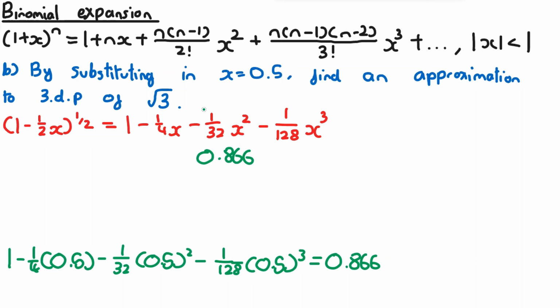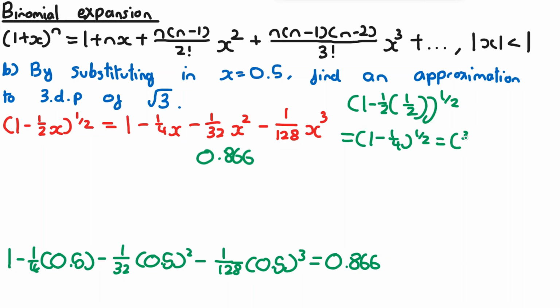The reason is because you need to consider what happens when you sub in x is equal to 0.5 into this bracket here. So this is 1 minus a half of x. Remember, x is 0.5, another way we can write this is a half, so we can get the brackets together, to the power of a half. This is equal to 1 minus a quarter of a half, which is equal to 3 over 4 to the power of a half, which is of course equal to the square root of 3 over 4.